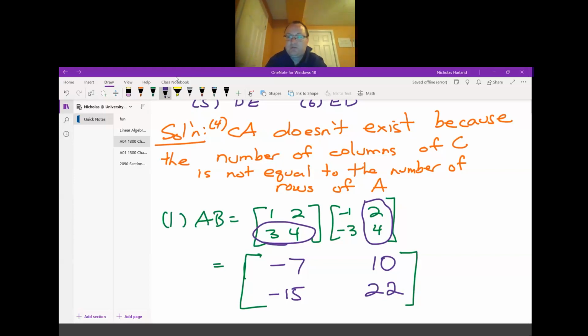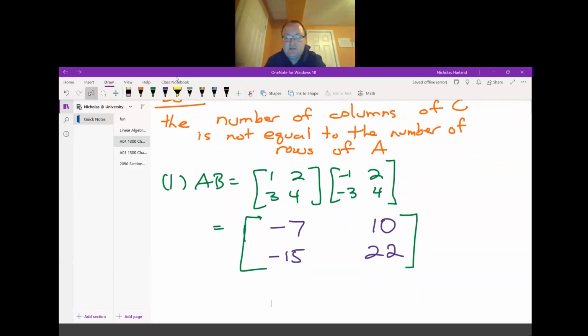But we're multiplying rows times columns, not entries. That's the big difference between multiplying matrices versus adding and subtracting matrices. Adding and subtracting, we're doing entry by entry. For multiplication, we're doing rows times columns. So, much different process in order to get it done, but we can get it done. That's not 24? 3 times 2 is 6, plus 4 times 4 is 16. 6 plus 16, 22.